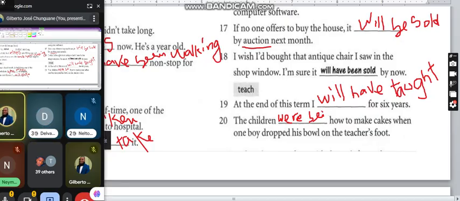Okay, the children were being taught how to make cakes when one boy dropped his ball on the teacher's foot. I think this boy might be someone like Irish or Dalton, right? These are the people who are more likely to drop the ball on the teacher's foot.